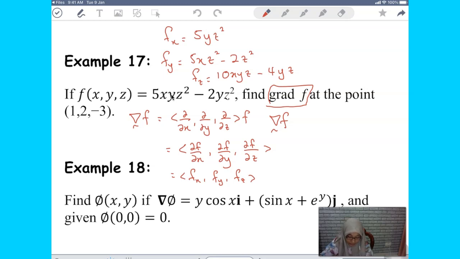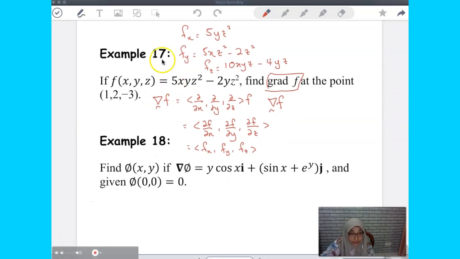Okay, so you already obtained fx, fy, and fz, and then you evaluate each of the components by using the given point. So you have x is 5, y is 2, z is 9.